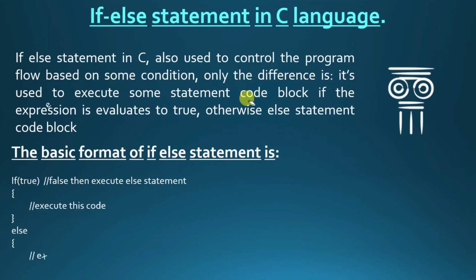It means we have two statements in the if-else statement: first is if and the second is else. In the program, if our if statement is true, then it executes the first block of code, and if it is false, it skips the if statement and goes to the else statement. If the if condition is true, then execute this code, otherwise, if false, then execute the else statement.